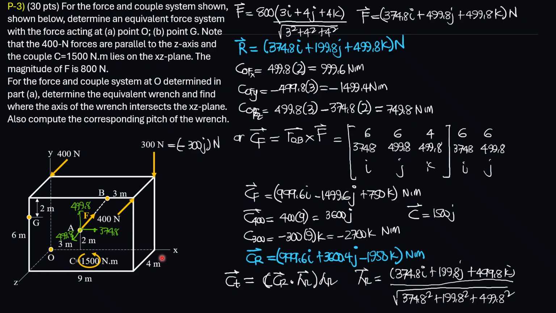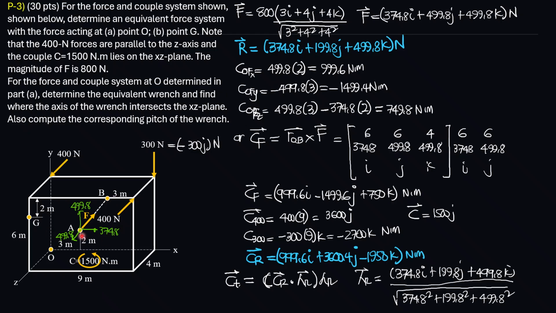Another way is by the vector approach. So moment about O is ROA cross the force. It is also ROB cross the force if you want. But this time I use ROB cross the force, because in the scalar approach I put the components of the force at A, so that you will have an alternate way. I use ROB cross F, where OB is along X, we move 6 meters because this is 9 minus 3.